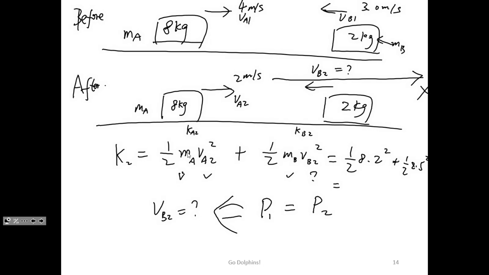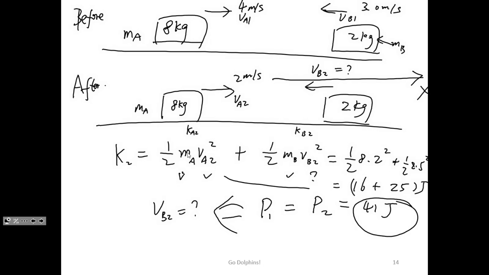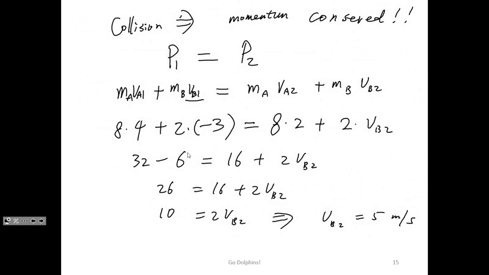And this gives us 16 plus 25 joules, 41 joules. This is our answer. So the final kinetic energy of the system is 41 joules.